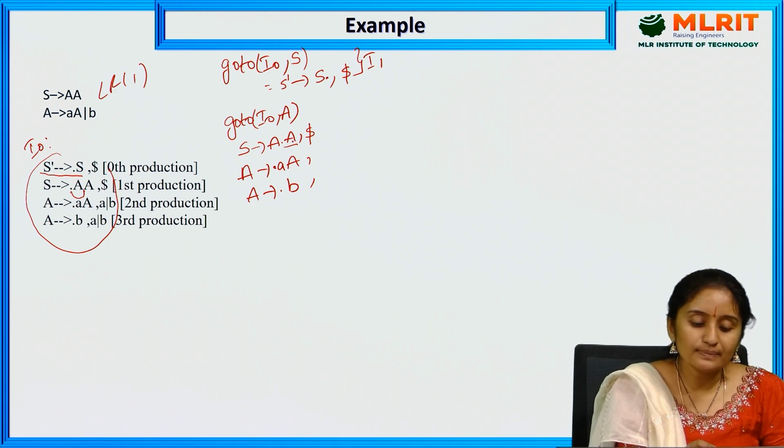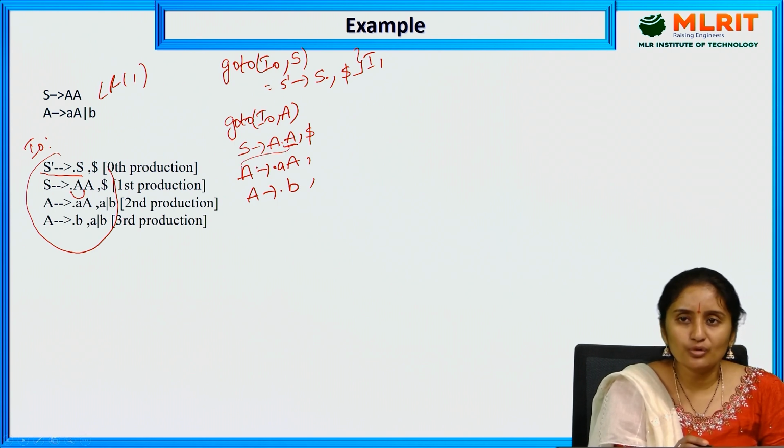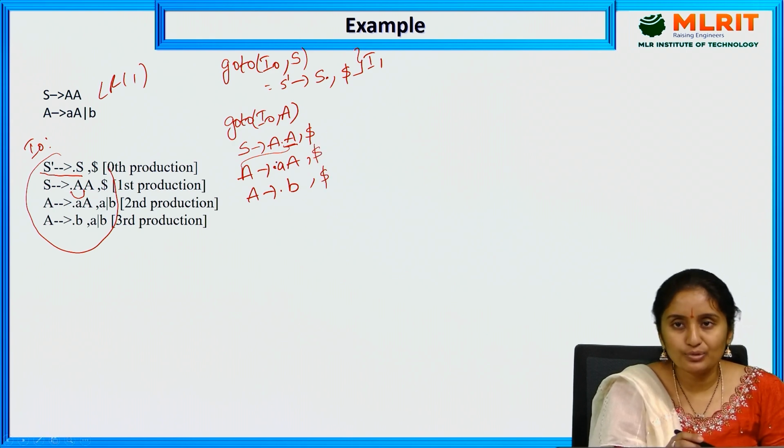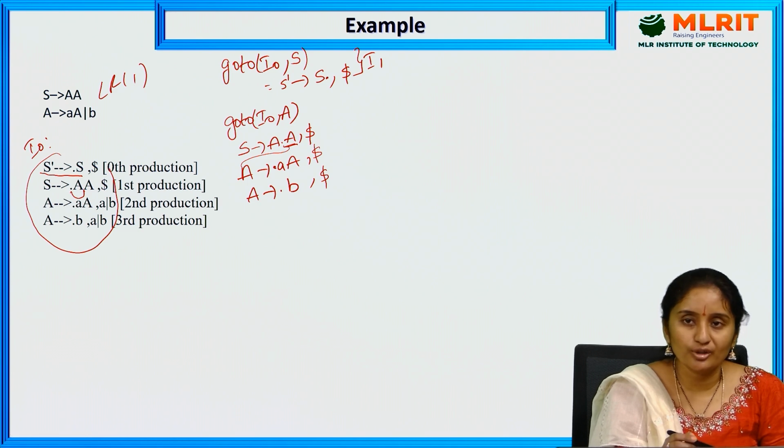After this non-terminal there are no more non-terminals, so we need to write the look ahead of the previous production, nothing but the dollar. This is according to case 2.